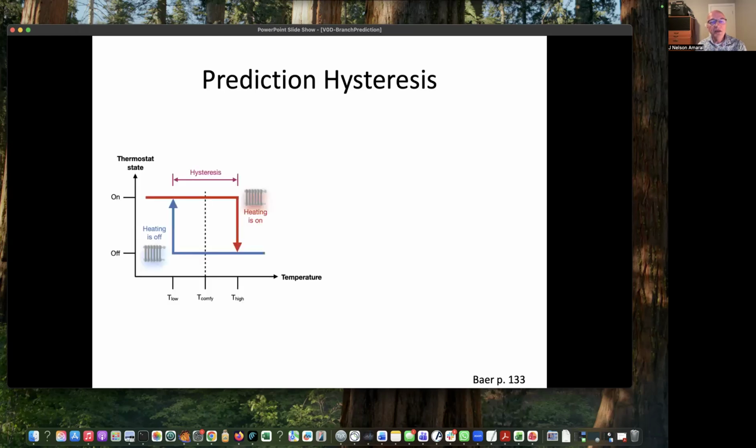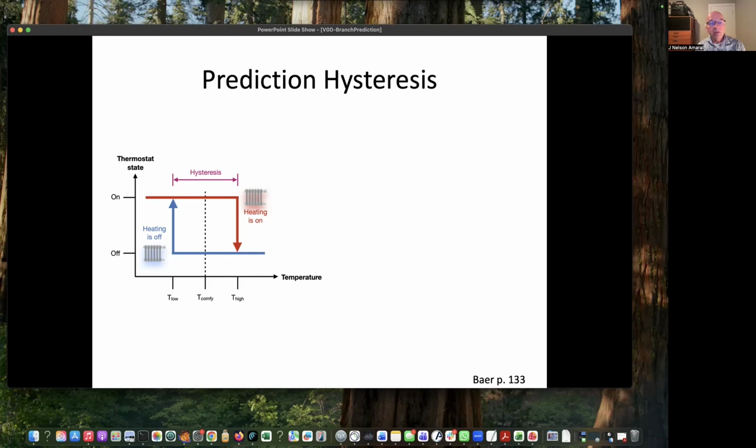So typically what happens is that I set a temperature. In this graph it is called the Tconf temperature. I set the temperature that I want my house to be at. And what's going to happen, let's start on the left of the graph and look at the red arrow.